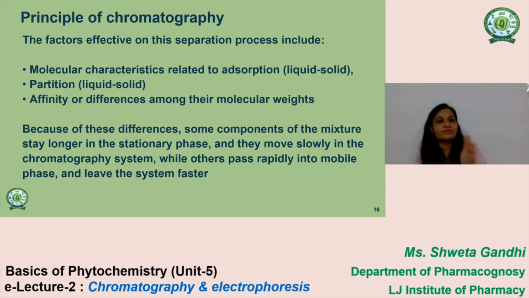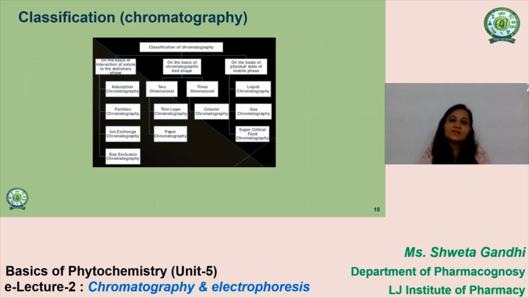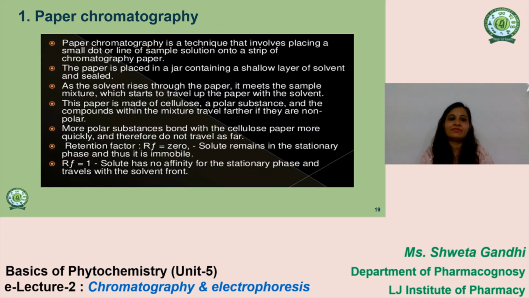Partition means liquid solid, affinity of the different solvents, their molecular weight, and stationary phase and mobile phase are the two phases. Stationary phase is composed of a solid phase, and mobile phase is composed of a liquid or gaseous component, and the final product we will get is the separated molecule. This is the classification of chromatography on the basis of principle: interaction of solid to the stationary phase, two-dimensional or three-dimensional chromatography, liquid chromatography, gas chromatography, supercritical chromatography.